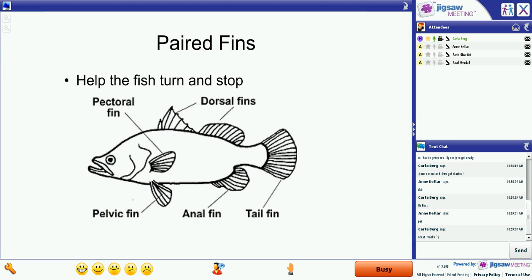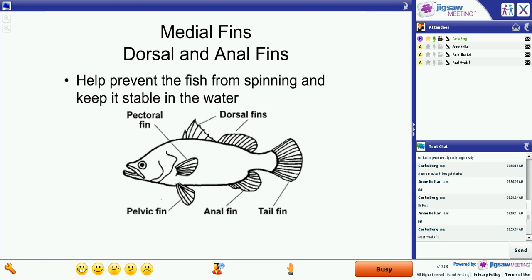The paired fins on a fish help control the direction a fish moves. It helps the fish turn, it helps the fish slow down. The medial fins, the dorsal and anal fins, help prevent the fish from spinning and keep it stable in the water. They're kind of like the rudder on a boat.